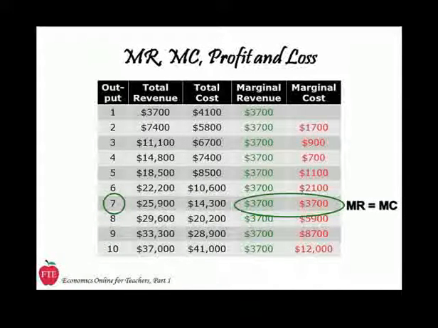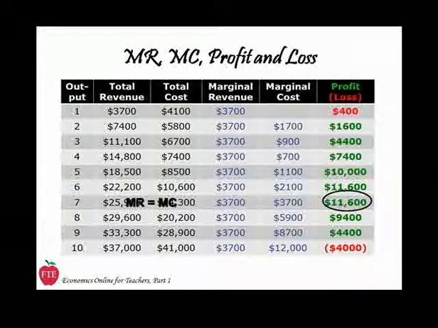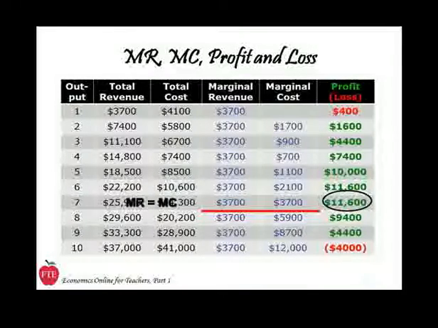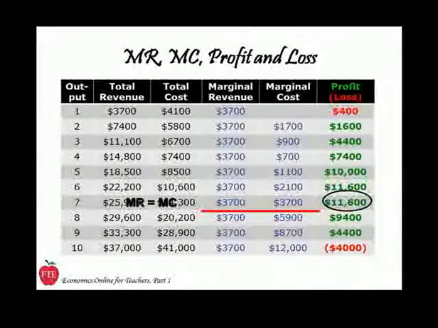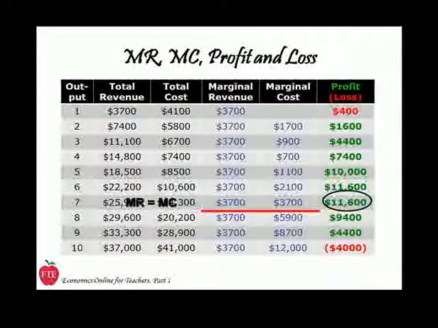If we fill in the profit column, we can see why. As long as marginal revenue stays above marginal cost, what happens to total profit? Right, profit continues to increase, and it only starts to fall when we get to 8 units, where the marginal cost is greater than the marginal revenue.